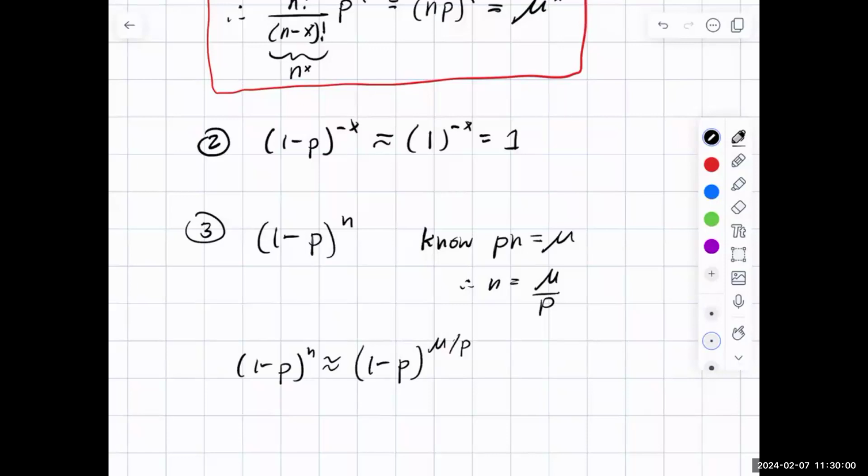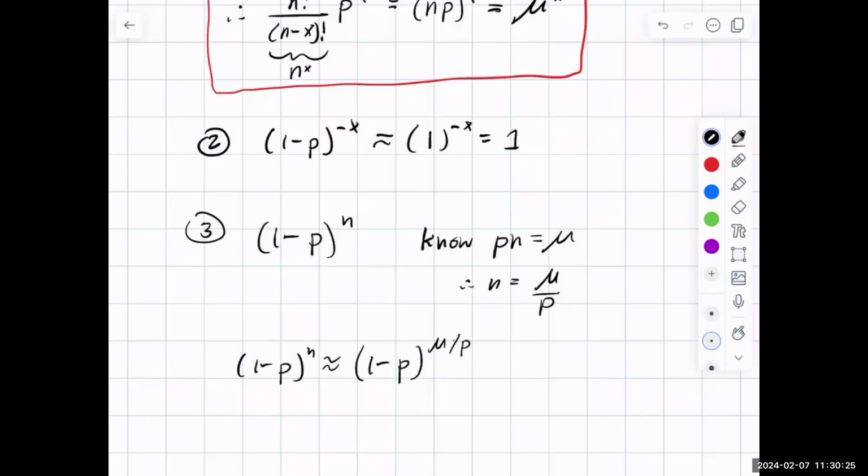Well, the idea is that this is 1 minus p to a small number, because we had a small number of successes. So if you take, I don't know, 0.95 and raise it to a small power, it's still a number that's close to 1, like 0.95 squared is still not that far from 1.